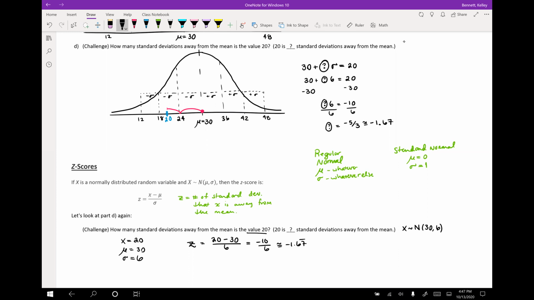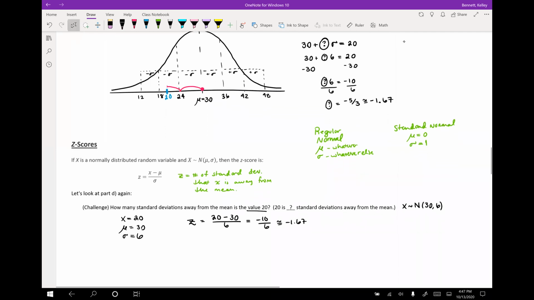Maybe you're wondering, how did that work? Let's go back to the first time we did this problem. We said 30 plus some number of standard deviations sigma was equal to 20.